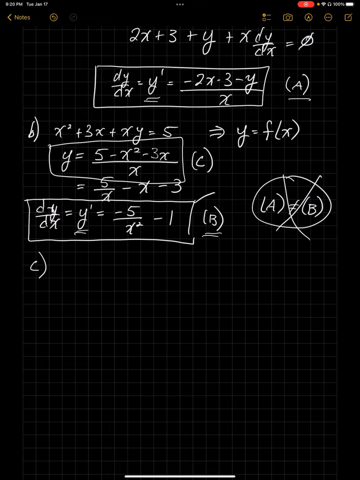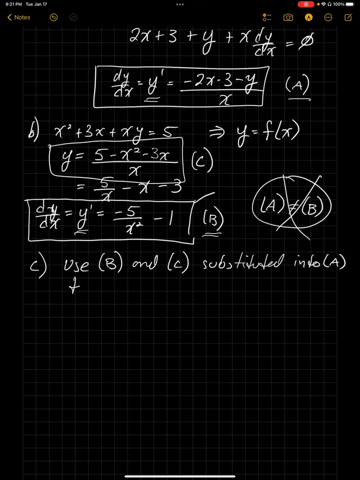Okay, so we're going to use expressions B and C substituted into A to show B and A are equal.